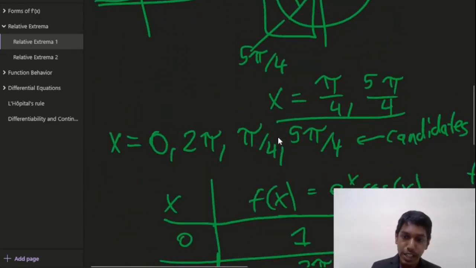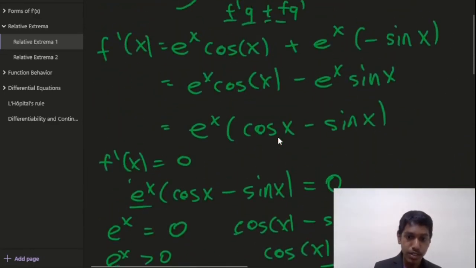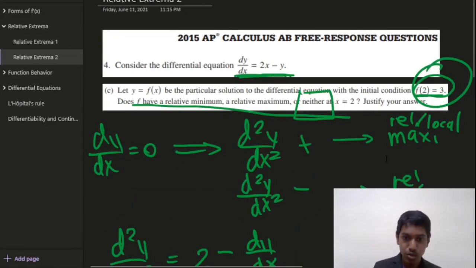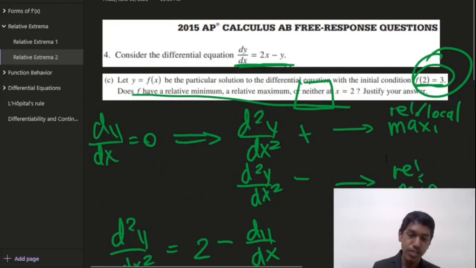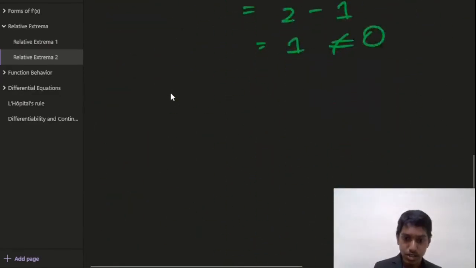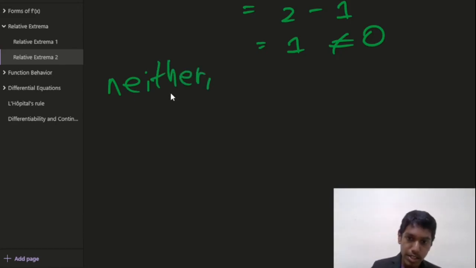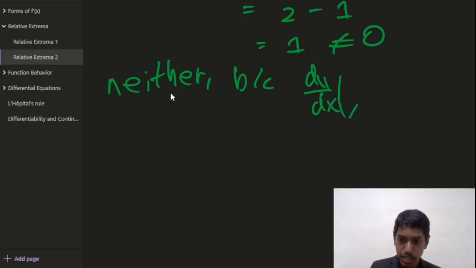We were finding whether the first derivative was 0, and we were checking points where that was true, right? And so yeah, same applies here, even though we're trying to apply the second derivative test. So the answer is going to be neither, right? Because dy dx at x equals 2 is not 0.